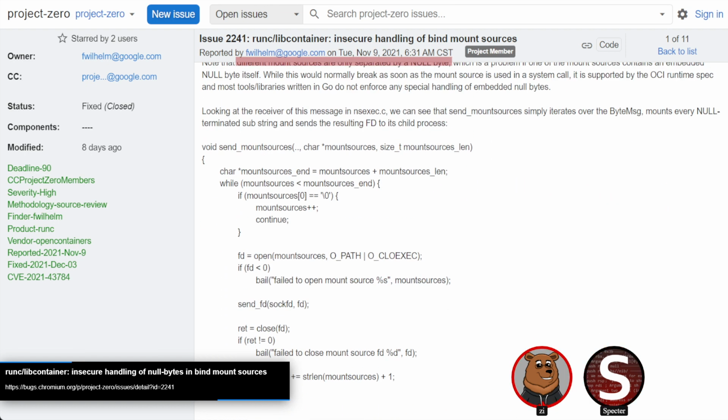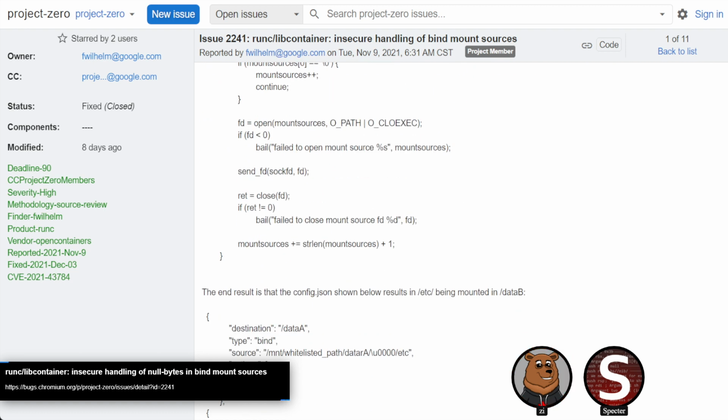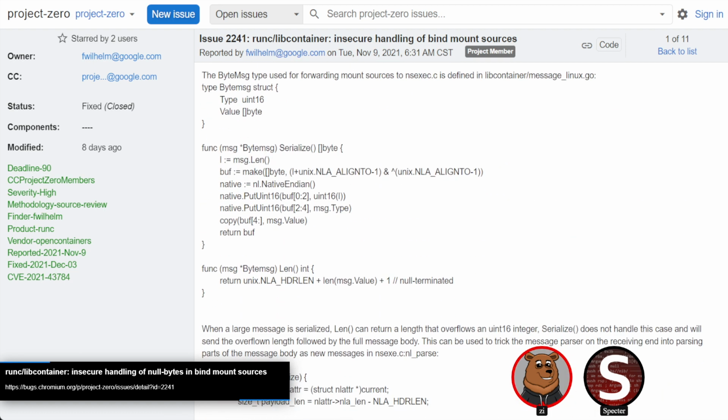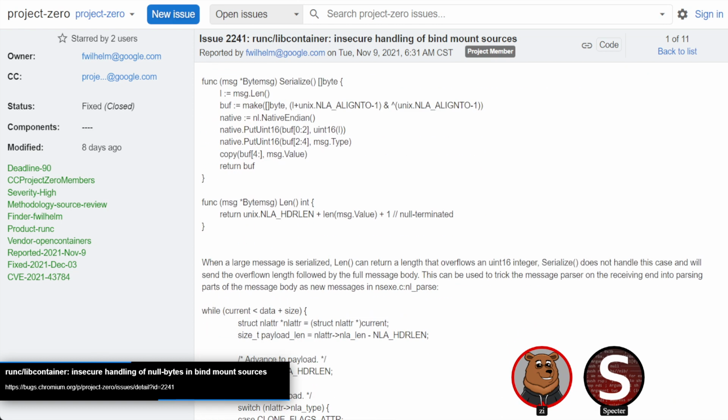There was another bug in this one also, which was an integer overflow, basically just due to integer truncation. And again, this is in Go. They have this nice length or len function that just returns the length as an integer.